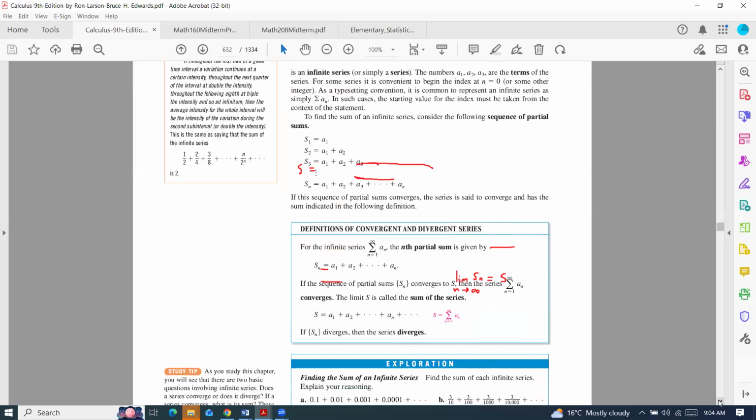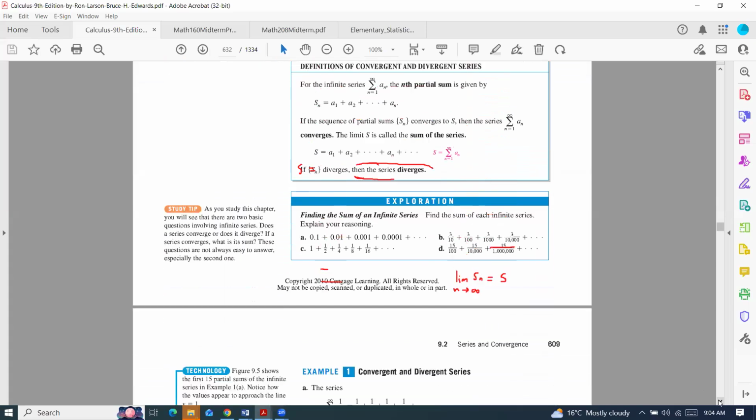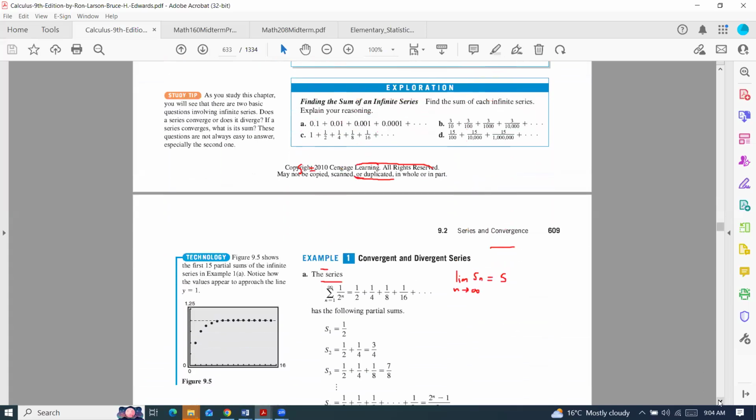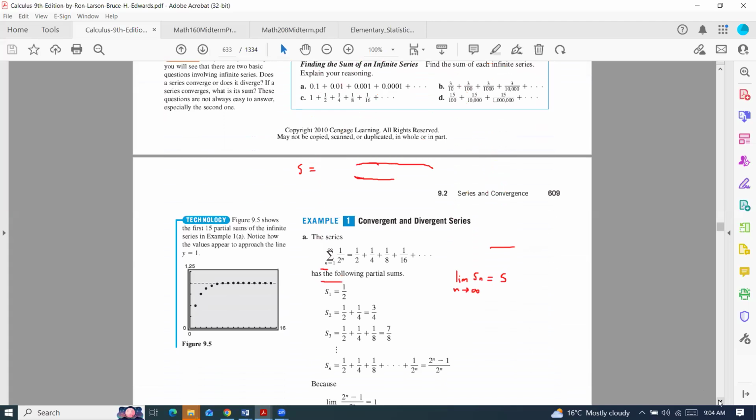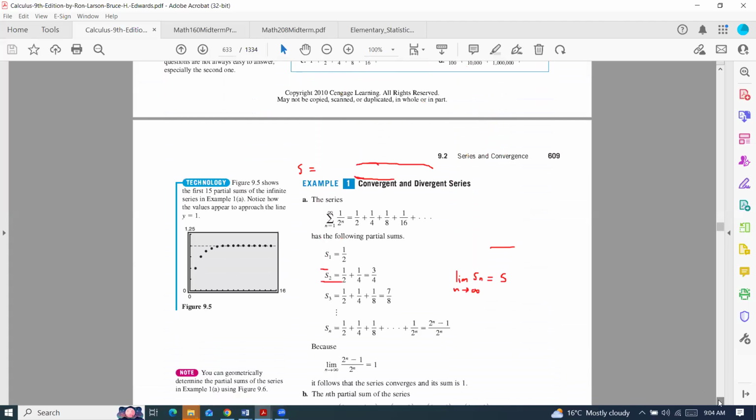And of course, this is very abstract, and the particular examples that we already observed last time with a so-called geometric series where we add powers of 2. So if you look at the example 1, part A, where you have 1/2 to the power of n, or 1 on the top and 2 to the power of n on the bottom, which is the same thing, and we produce the sum.